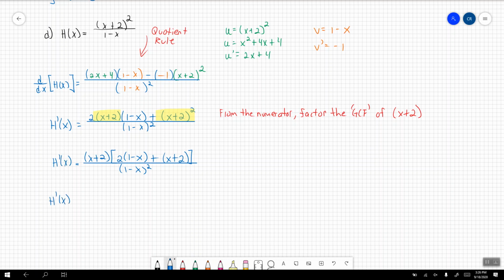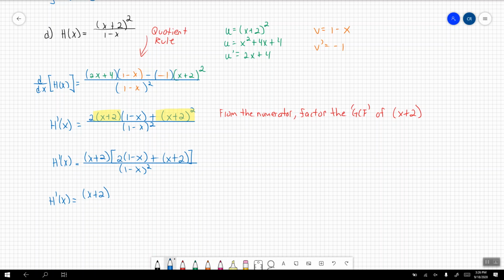So my numerator stays as the quantity of x plus 2. If we distribute the 2, we get 2 minus 2x. So negative 2x plus x just gets us negative x. And then finally we get 2 plus 2, which is going to be 4.